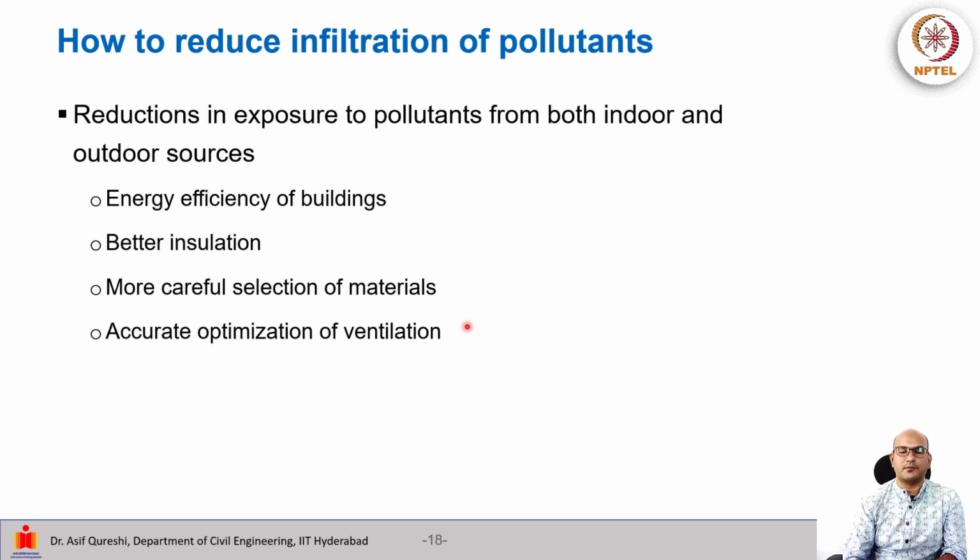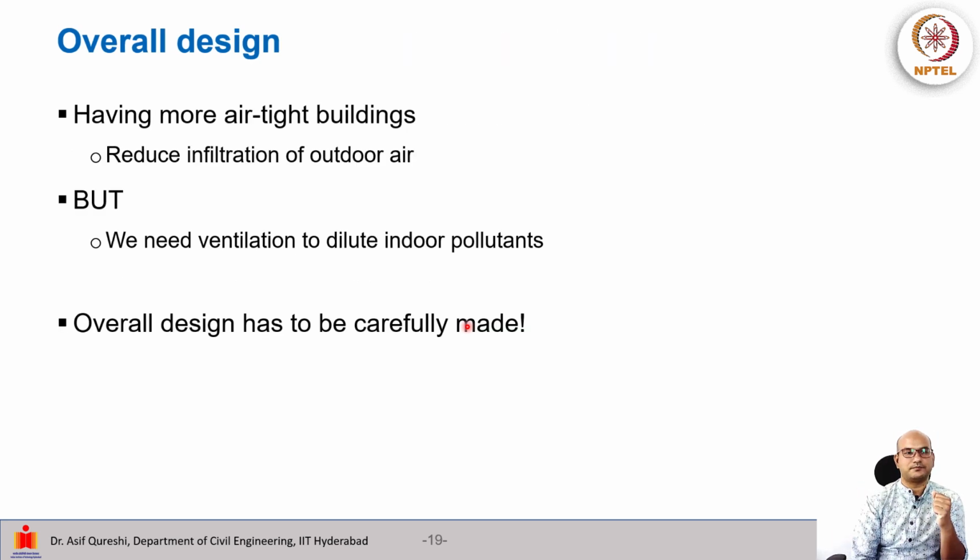Accurate or optimum ventilation, because if the sources are indoors, we need good ventilation, but if the sources are outdoors, we don't need so much ventilation, so we have to optimize the air tightness and how the ventilation is controlled. This is what it is basically.